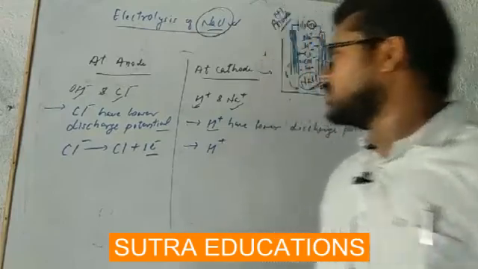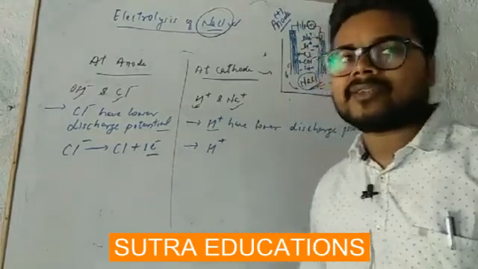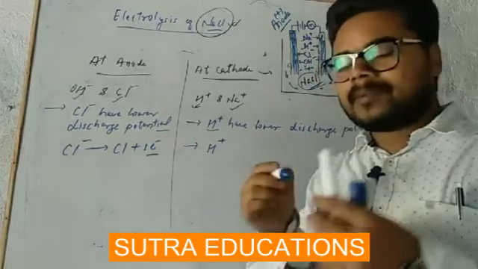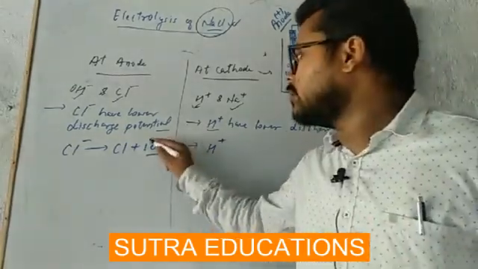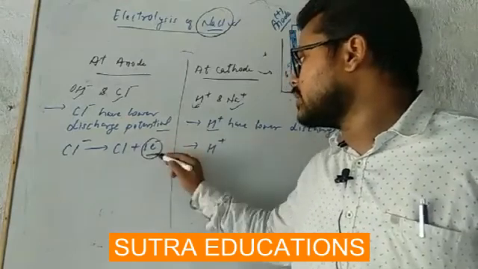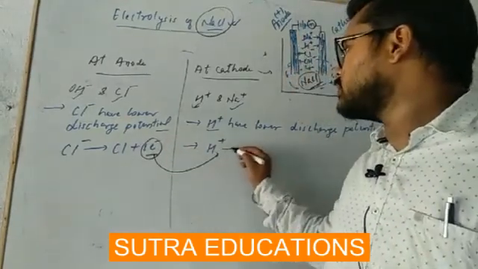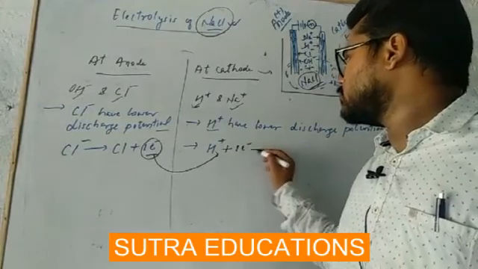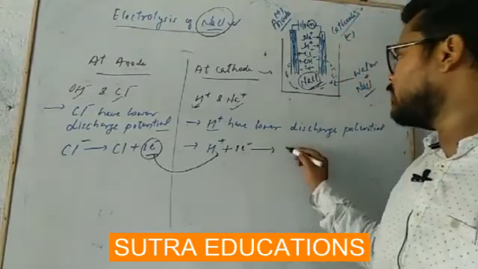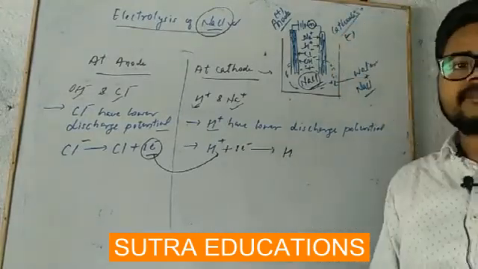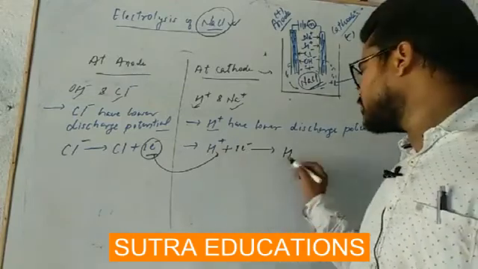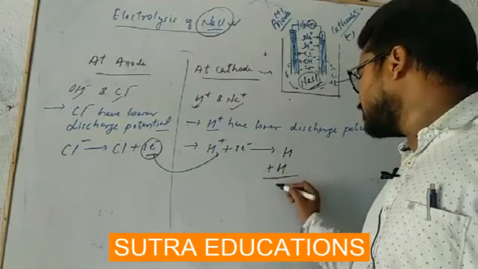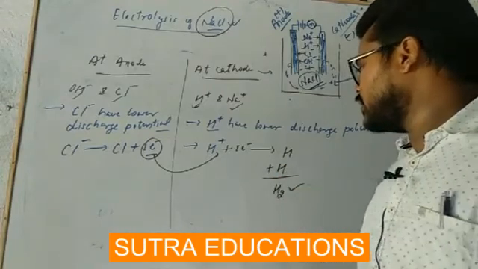How? H plus is lacking one electron, so it will accept the electron which has been released by chlorine minus during its discharging, and give hydrogen. Got it? Some more hydrogen will be discharged, so hydrogen plus hydrogen will become hydrogen gas.